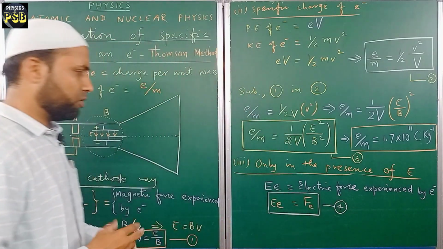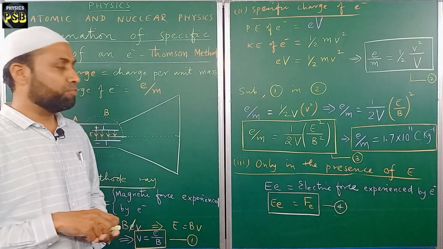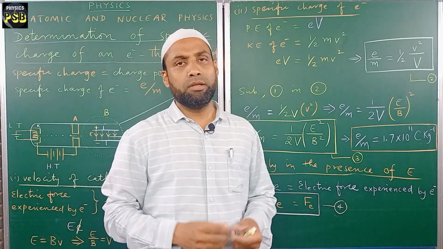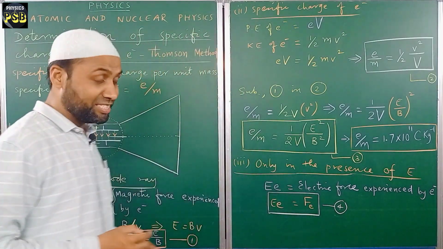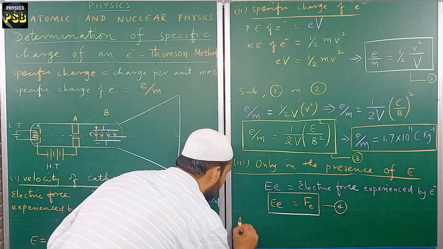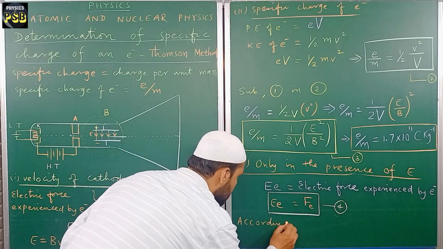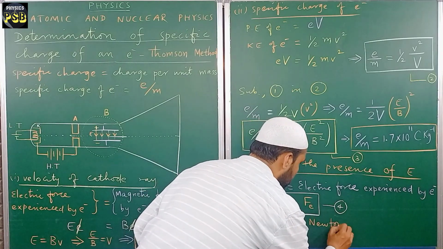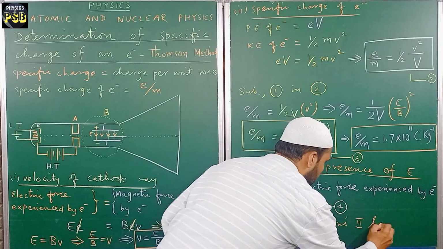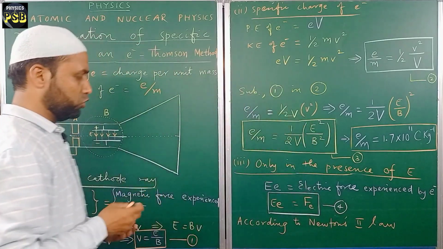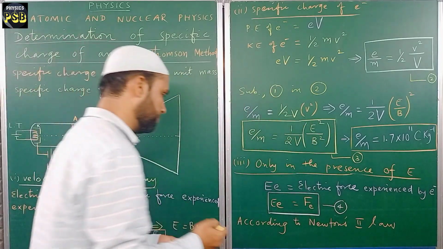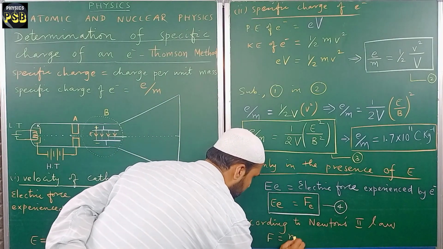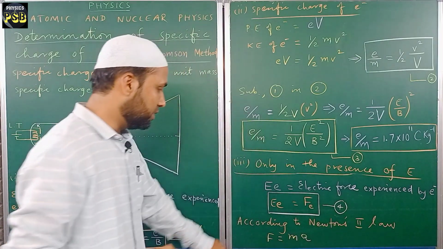Then we know, according to Newton's second law, any object which is under motion can be expressed as F equals to m a. This is Newton's second law.